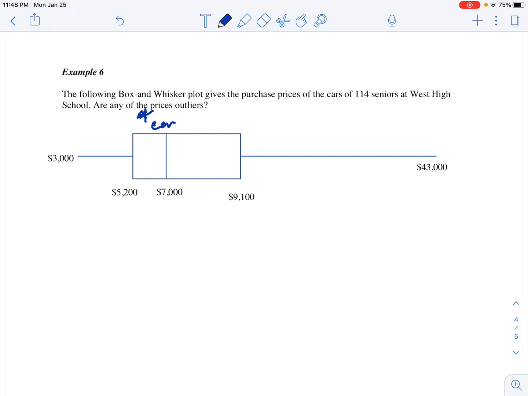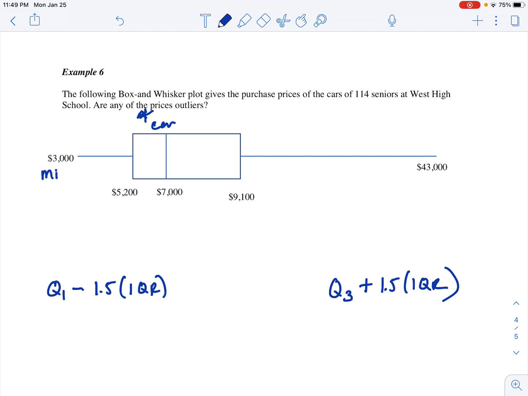So we're talking about outliers, and we'll bring up that formula again. We've got Q1 minus 1.5 times IQR, and for the upper one, Q3 plus 1.5 times IQR.